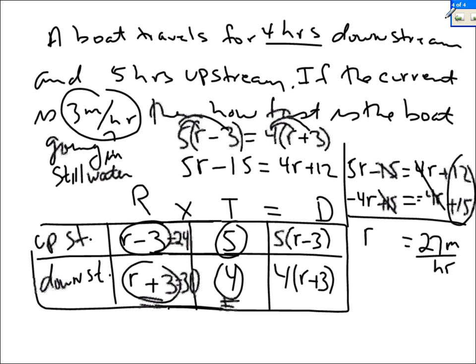It's going 24 miles an hour upstream, 30 miles an hour downstream. It looks like it's working because 24 times 5 is 120, and 30 times 4 is also 120. It should be going the same distance upstream and downstream. Okay, that's how you do that problem.